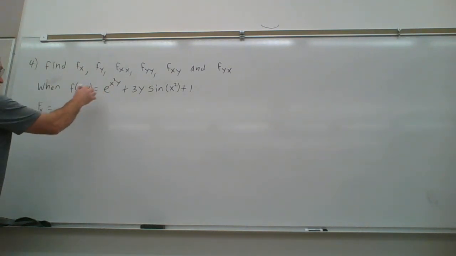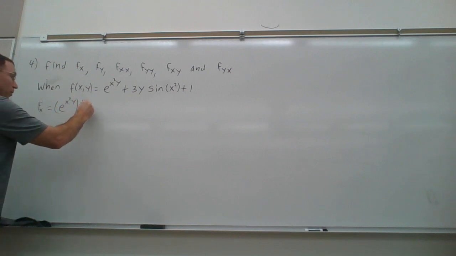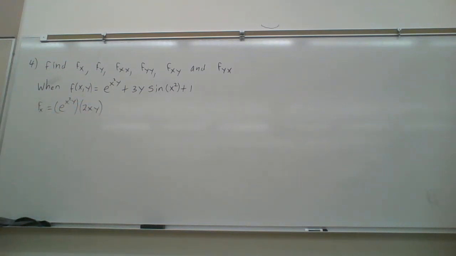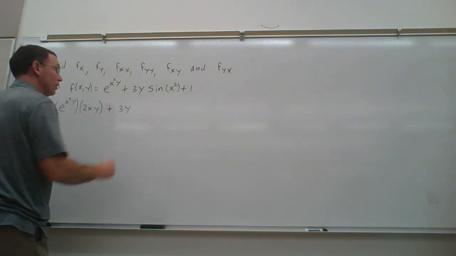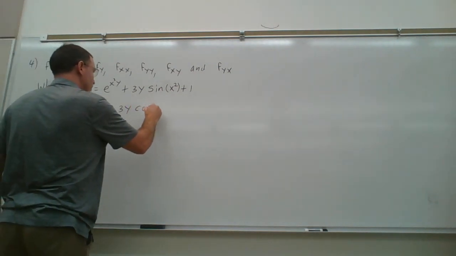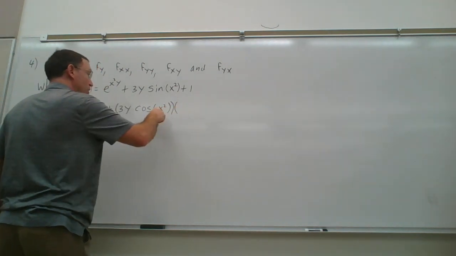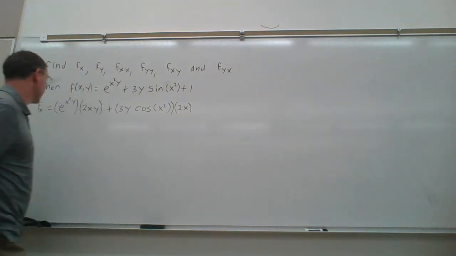So going on to the first function, derivative of e is itself times derivative of the x squared y with respect to x would be 2xy. And then moving on to over here, the y as a constant will be 3y. Derivative of sine is cosine of x squared times derivative of x squared, which is 2x, and derivative of 1 is 0.